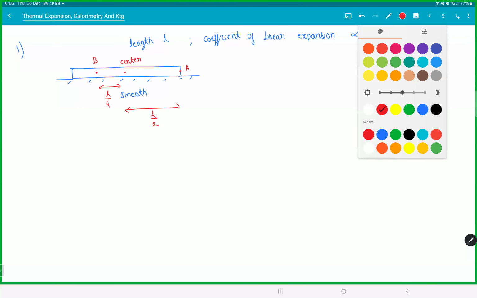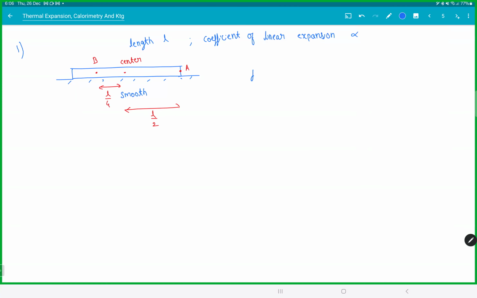Now what you did, you started increasing the temperature. If temperature increases at a rate of T degrees per second, so every second you're increasing the temperature by T degrees, maybe 0.1 or 0.01 degrees. Now tell me one thing, when you increase the temperature, what will happen? Rod will expand.